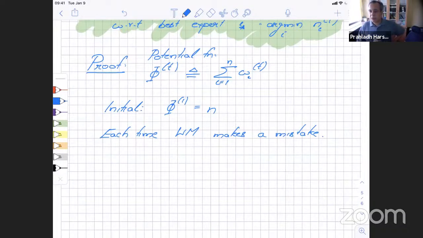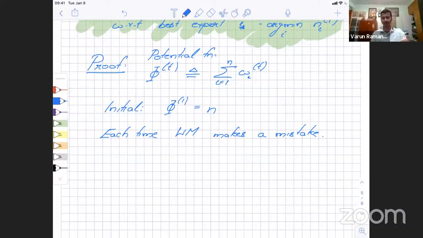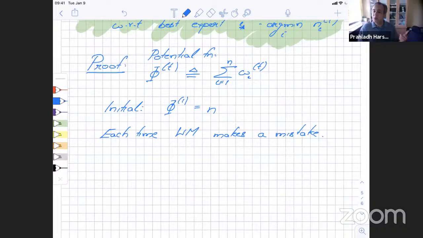Each time Wm makes a mistake, what's going to happen? Why does the algorithm make a mistake? Because the majority is predicting wrongly. That means at least half of the experts' weights, according to this weighted majority, is going to reduce by a factor of half.